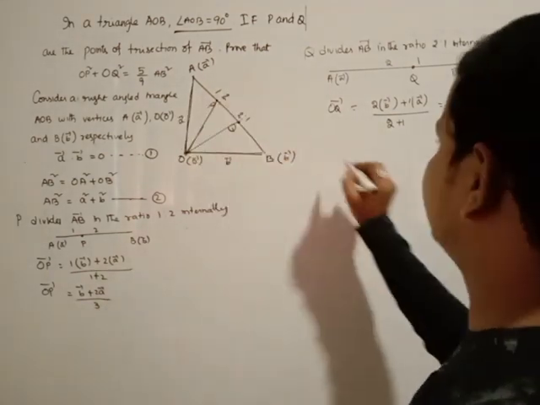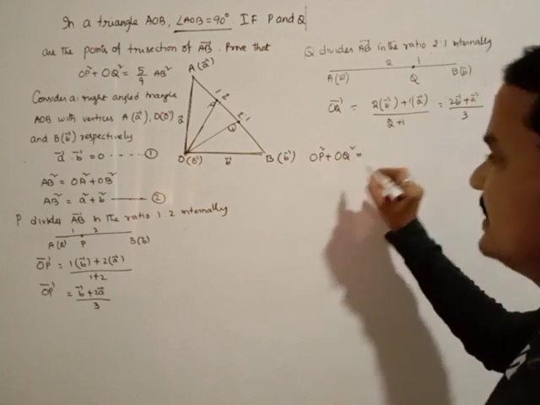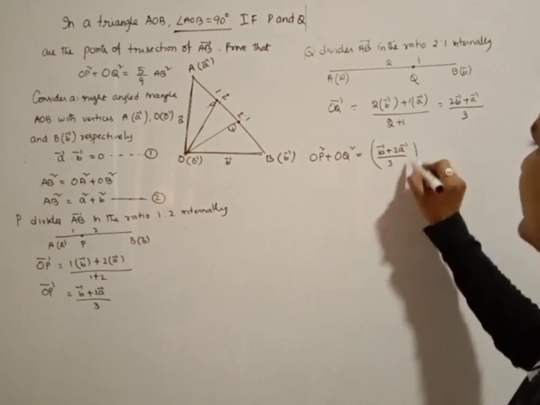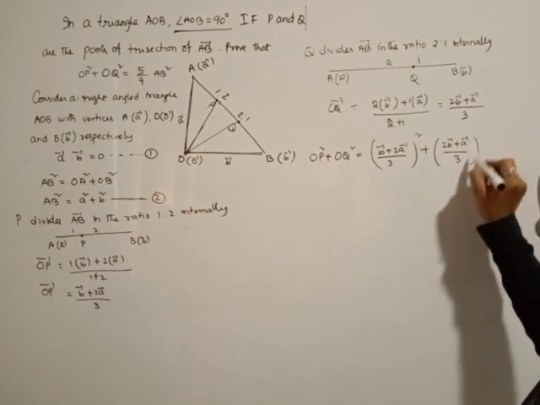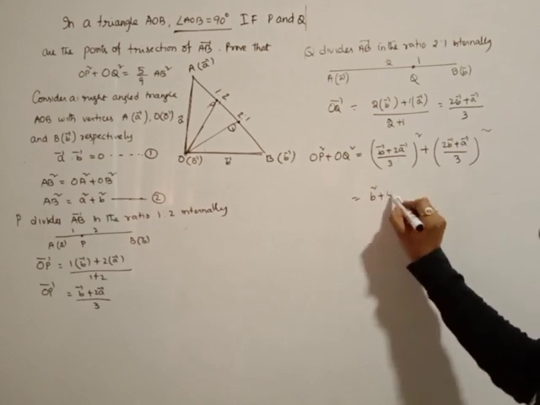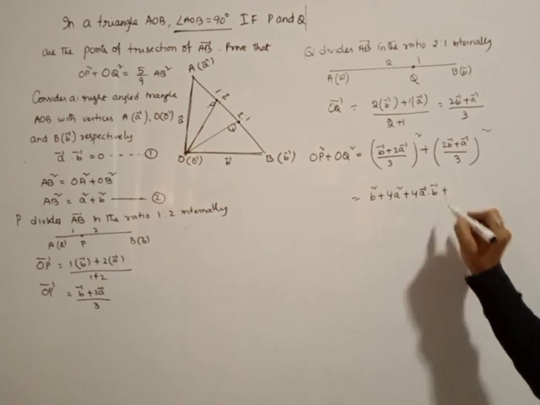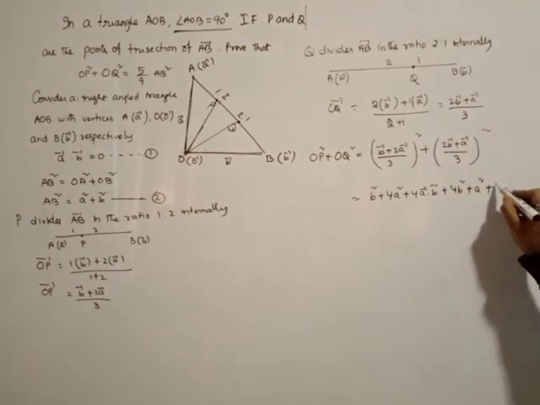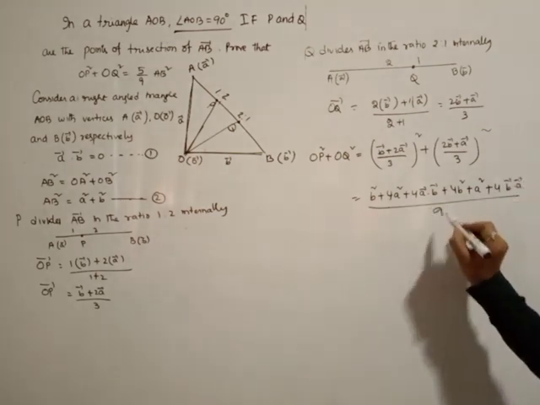Now go for the LHS. What is given? OP square plus OQ square, that is B bar plus 2A bar by 3 whole square plus 2B bar plus A bar by 3 whole square. So first of all, B square plus 4A square plus 4 into A bar dot B bar, plus 4B square plus A square plus 4 into B bar dot A bar, all by 9, that is 3 square.